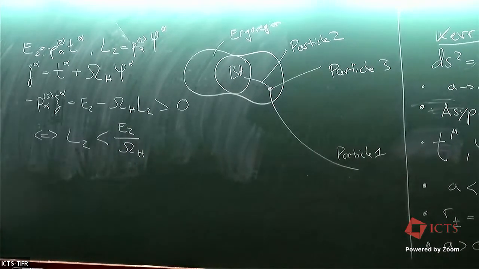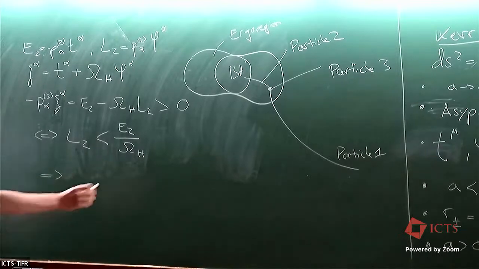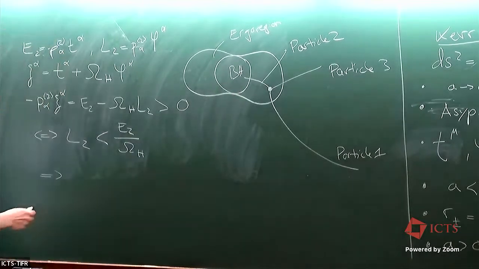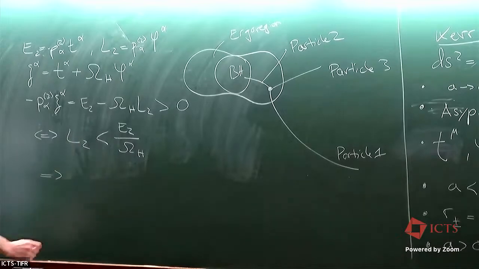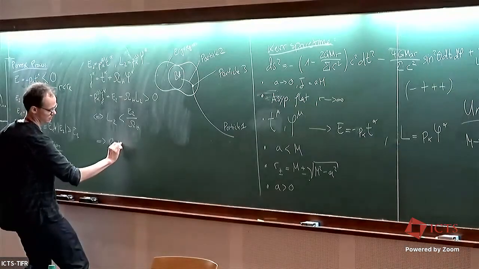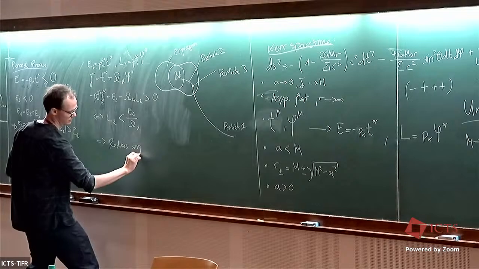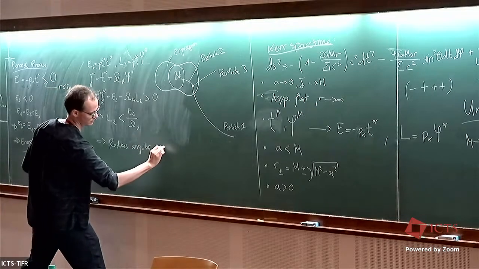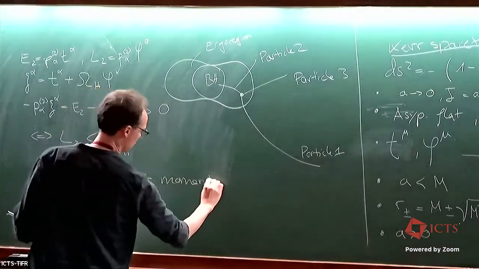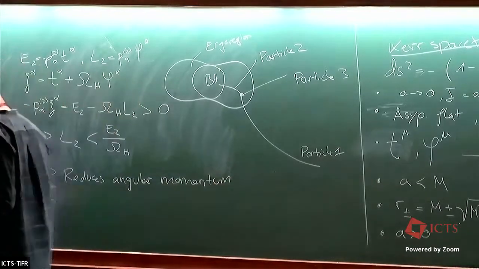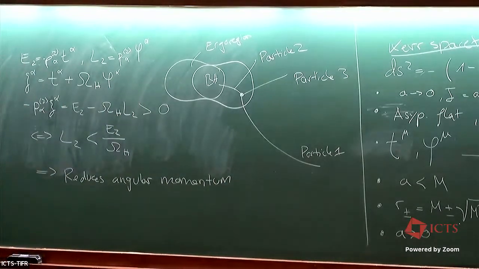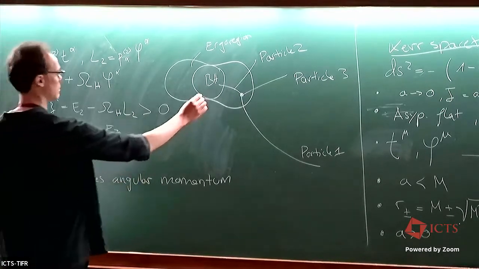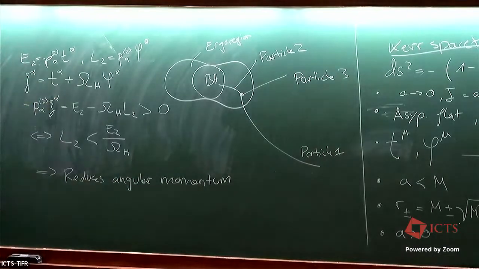And so what we learned from this is that the black hole absorbs this particle, and so it reduces the angular momentum, because it absorbs a particle that has a negative angular momentum. By angular momentum conservation, the angular momentum of the black hole must reduce as it absorbs particle 2.